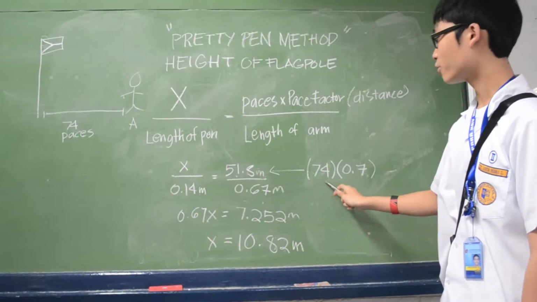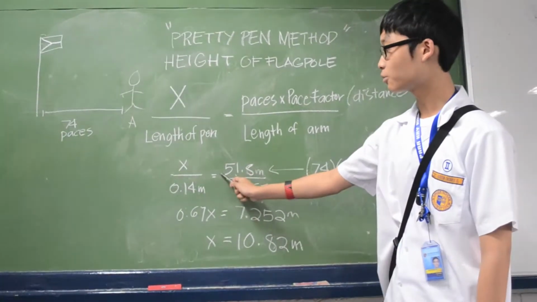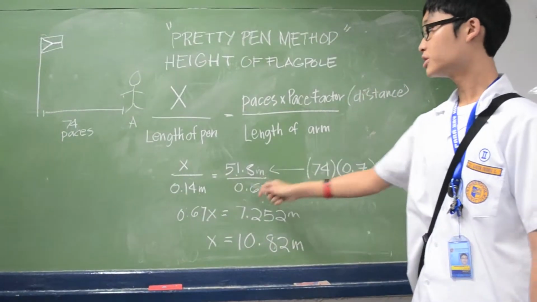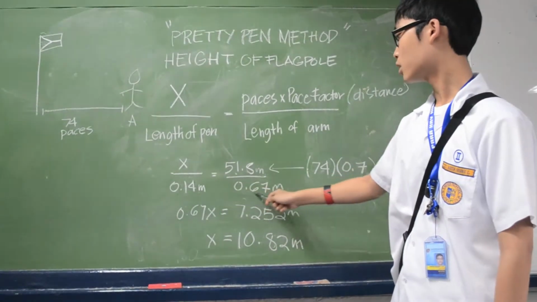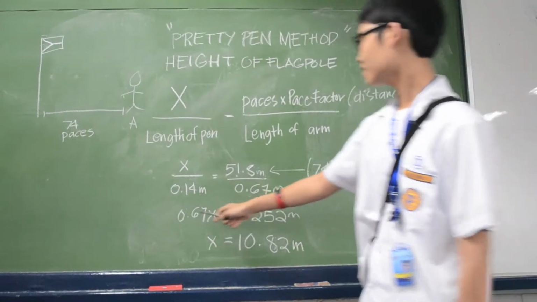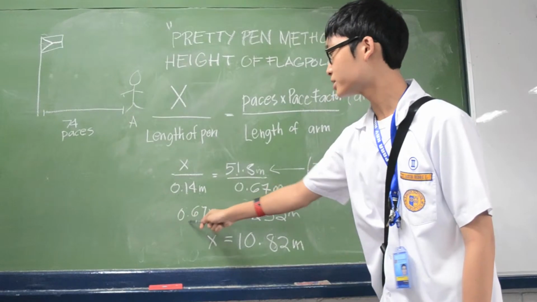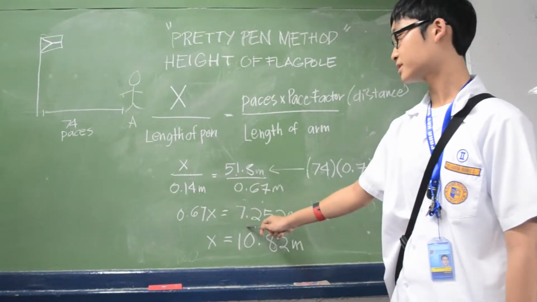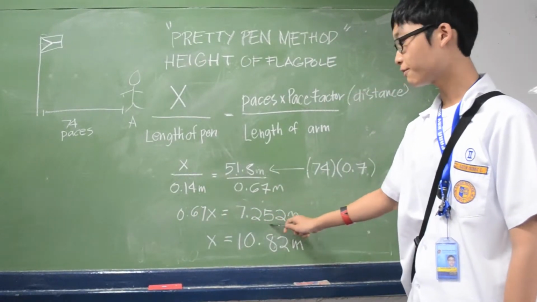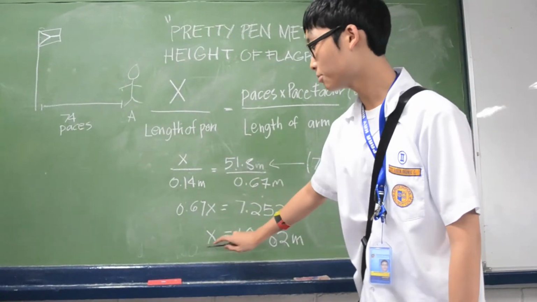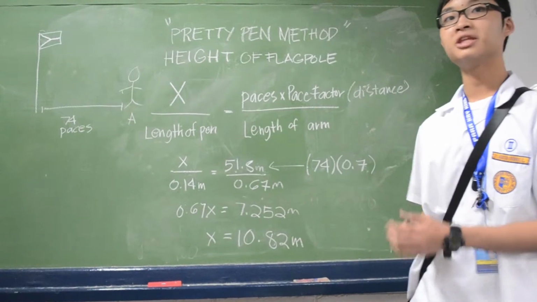So 74 times 0.7 is equal to 51.8 meters, over the length of arm, which is 0.67 meters or 67 cm. So using this, it becomes 0.67x equals 7.252 meters. If you simplify it, x equals 10.82 meters.